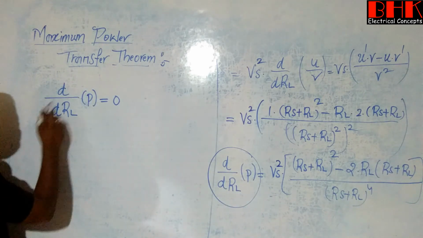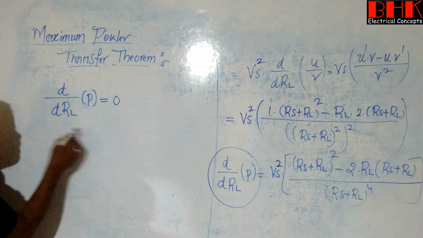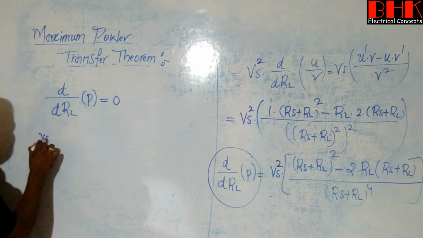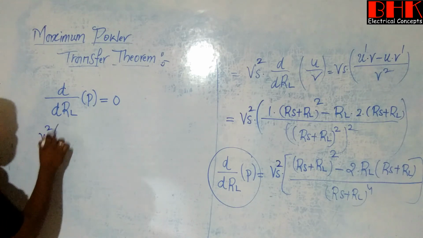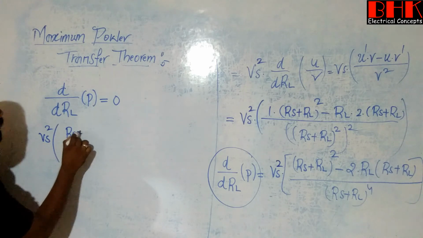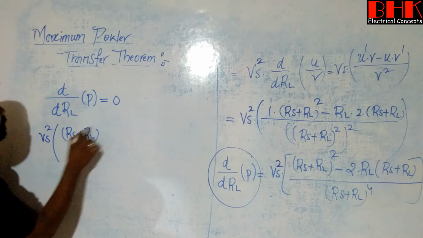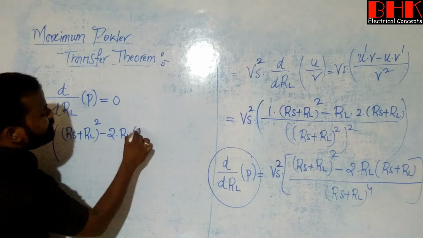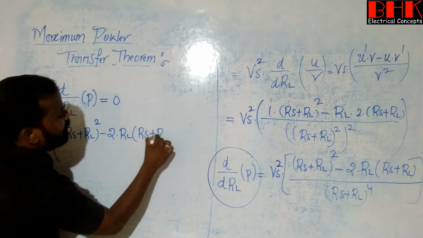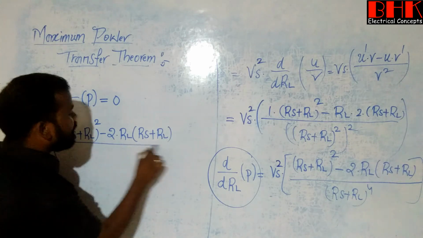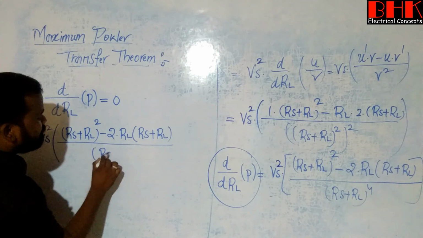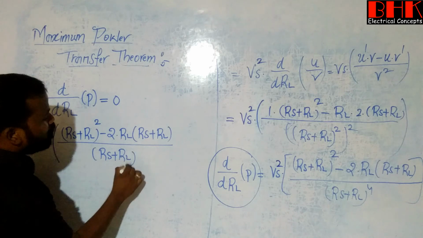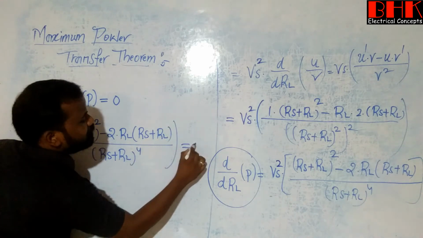So what is the expression of this particular thing? Vs square into Rs plus RL whole square minus 2 into RL into Rs plus RL, divided by Rs plus RL whole power 4, is equal to 0.